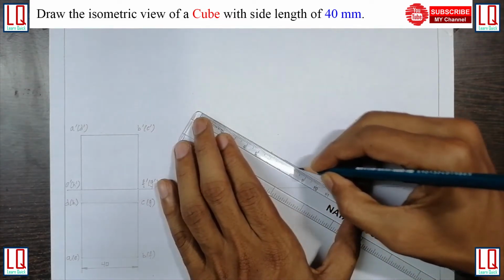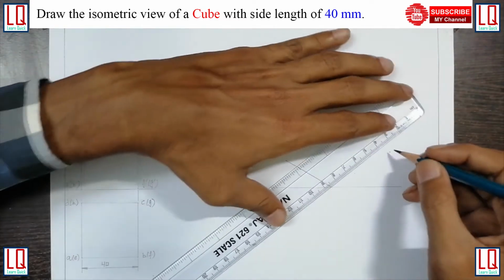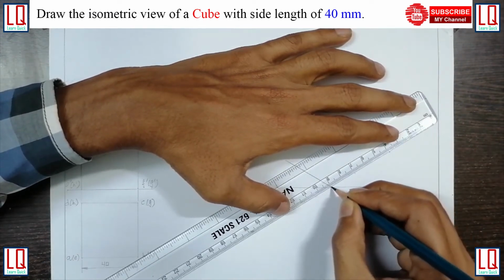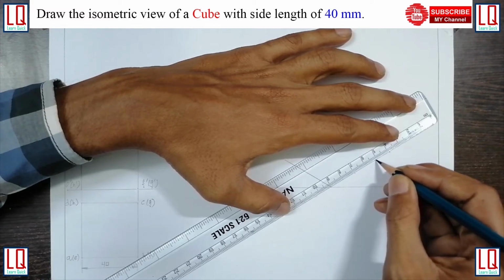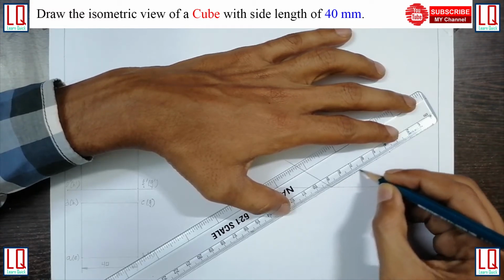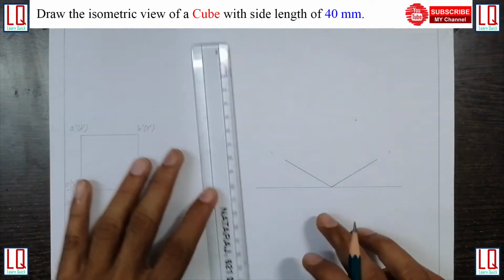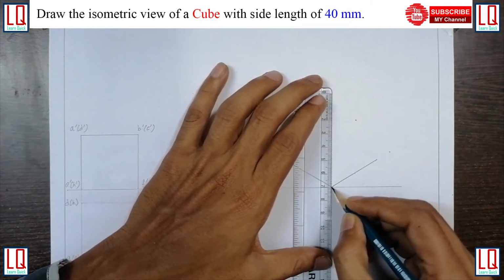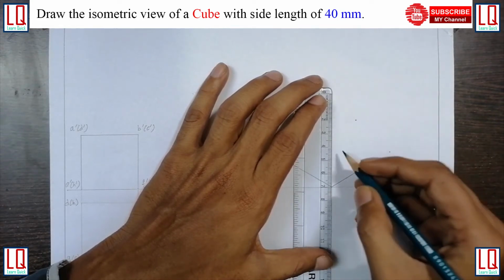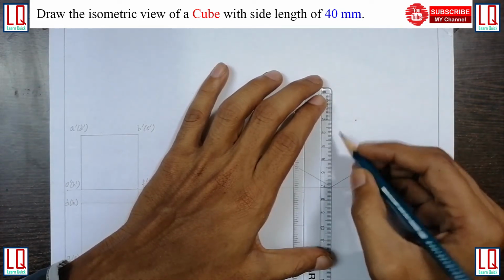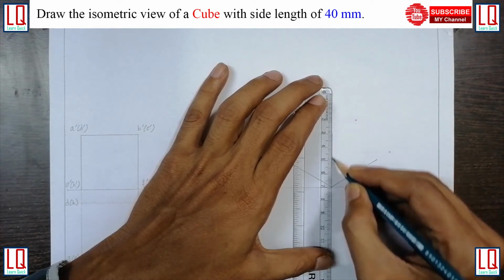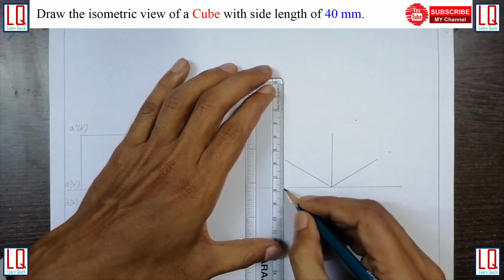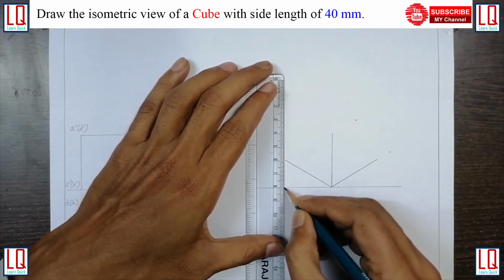So draw a line for 40 mm, keeping the angle 30° each side. So now at all the three ends, draw a line for 40 mm vertical to the horizontal line.